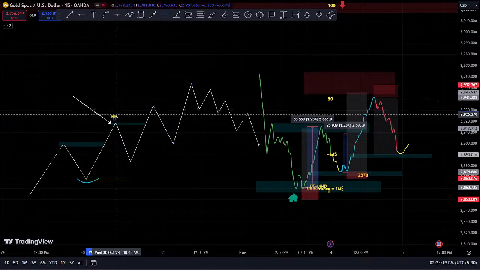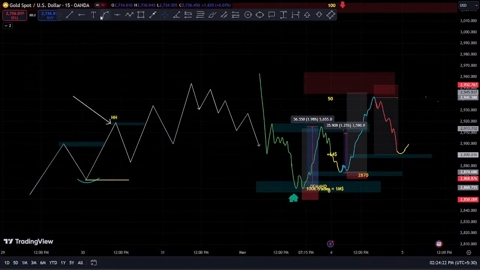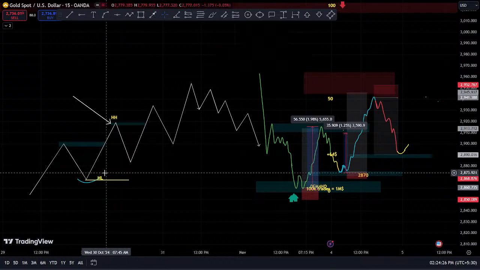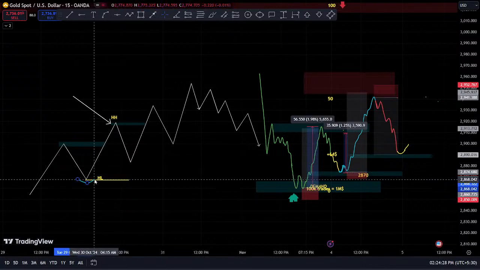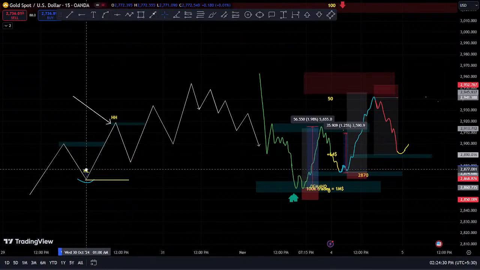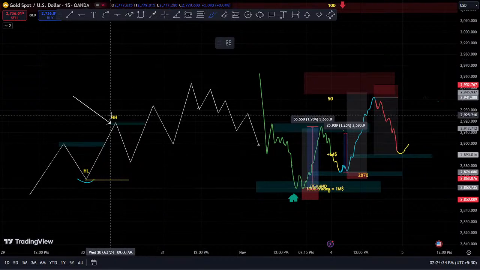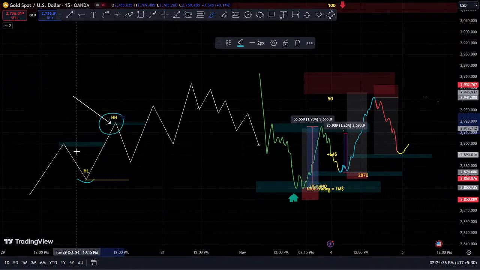So this is the higher high, and this becomes the higher low. What this indicates is there are more buyers and more demand being created at this area. So this is considered a strong low because it led to the formation of a higher high.